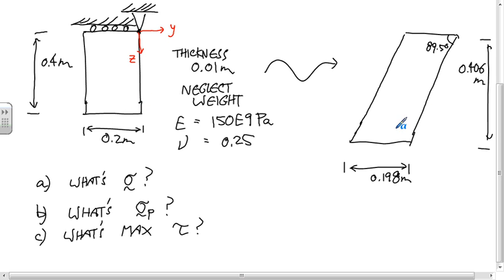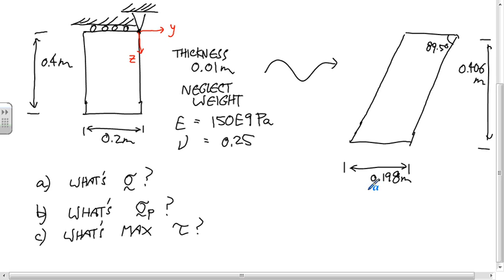So what does that angle become? Yeah, 90.5. These two have to add to 180 degrees. So your engineering shear strain is just going to be pi over 2 minus, no, the other way around.